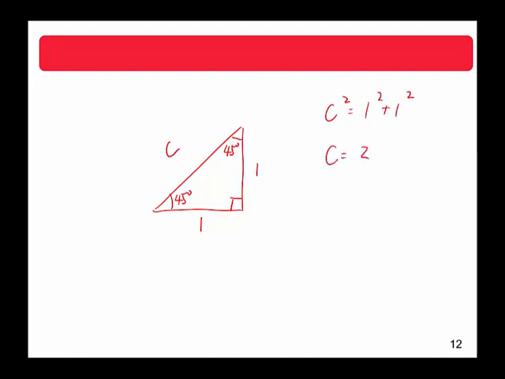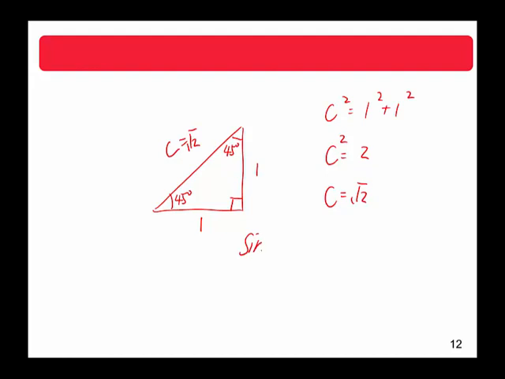All right, so let's say it's a 45-degree angle. If this is 45 degrees, this is 90 degrees, then the remaining angle will be 45 degrees. So this is 1 unit, and this is 1 unit. The hypotenuse must be radical 2: c squared equals 1 squared plus 1 squared, c squared equals 2, c equals radical 2.